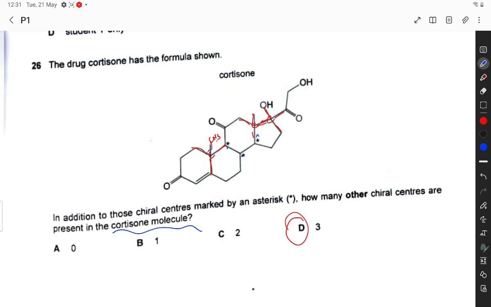This is a chiral carbon because it is surrounded by 4 different groups. This could be a chiral carbon. This could be a chiral carbon because it is also surrounded by 4 different groups, and this is also a chiral carbon because this carbon is surrounded by 4 different groups. So that's why 3 more chiral carbons are there. So the option is D.